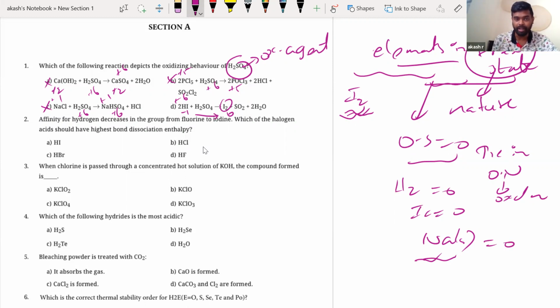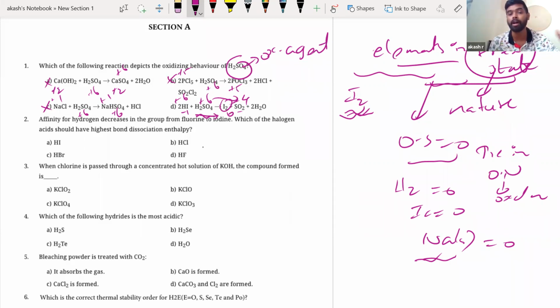And obviously sulfur in this case will be +6, and in SO2, sulfur will be in +4 oxidation state. So this is reduction. And I know whichever is undergoing reduction is my oxidizing agent. So definitely H2SO4 is undergoing reduction, so it is my oxidizing agent. Whichever undergoes reduction is my oxidizing agent.